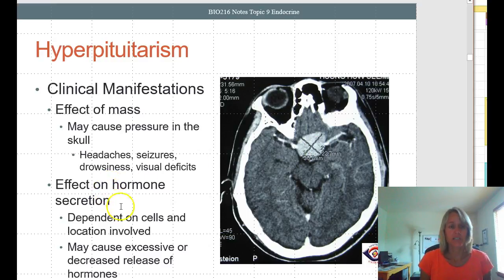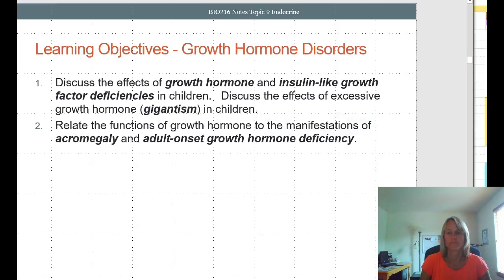Clinical manifestations are also going to depend on the effect of hormone secretion, so it's going to be dependent on the cell type involved. And this can result in excessive hormone release, like from the cells of the tumor, or decreased hormone release, say, from compression on neighboring cell types. Okay, let's look at growth hormone disorders.